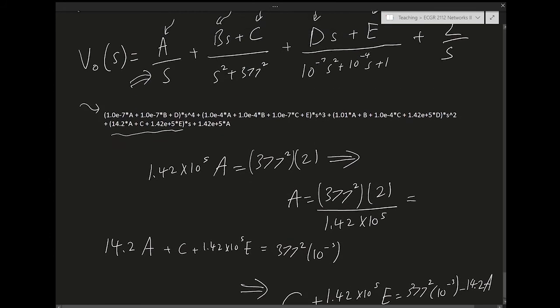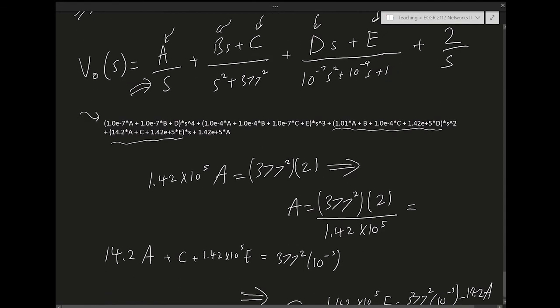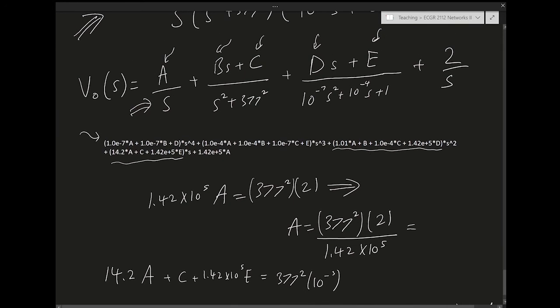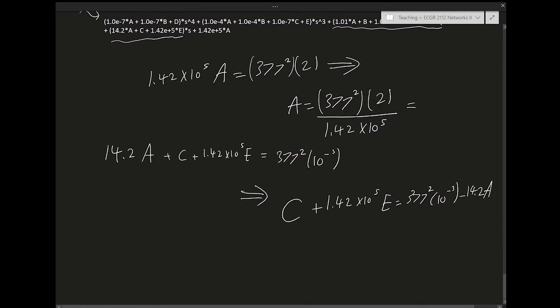Now we take the factors of S squared, and A is known, B, C, and D are unknown.